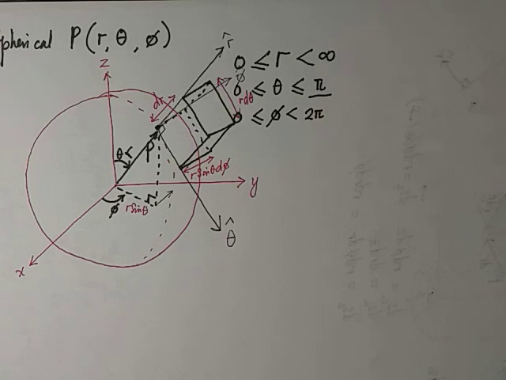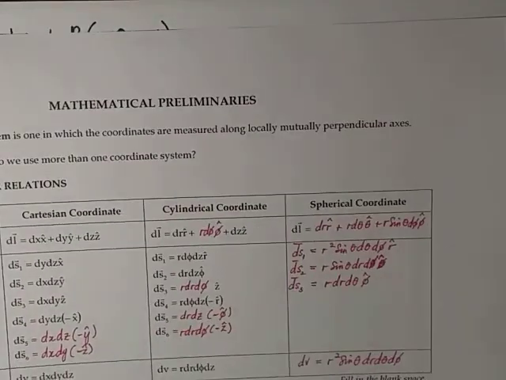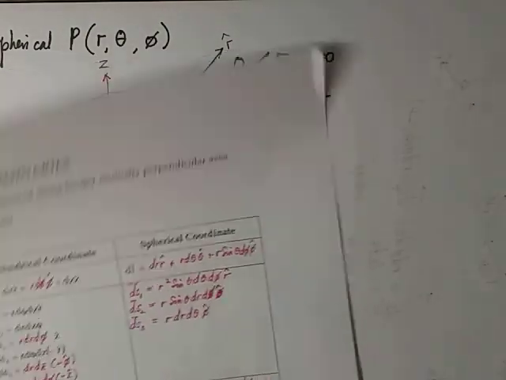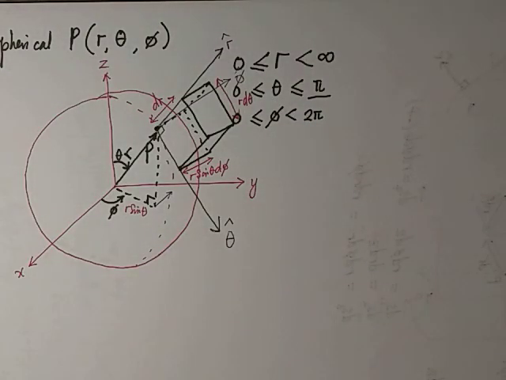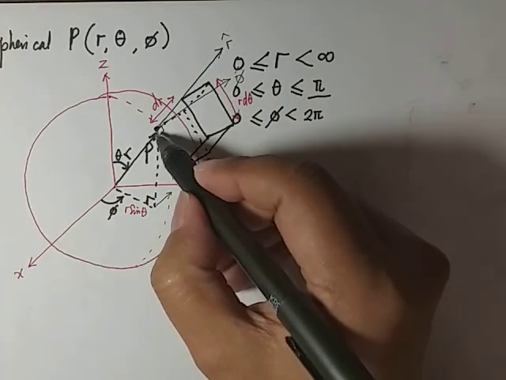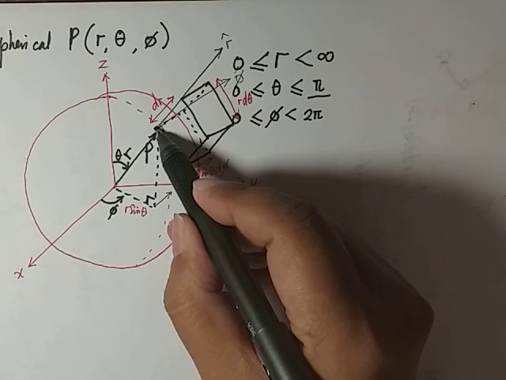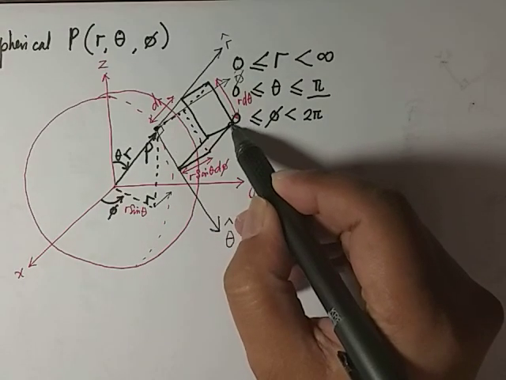Okay, now let's go to the first definition that we're going to define here, which is the differential line length, which is this term here. That's what we're going to do together. Okay, so now we're going to take the most critical case where we move from this location to this location.